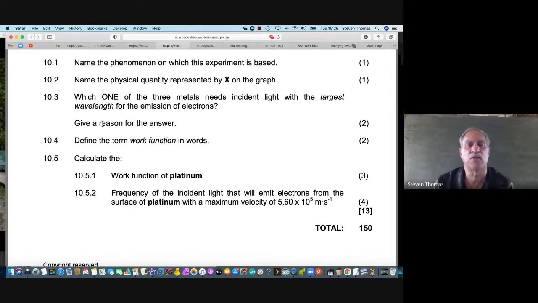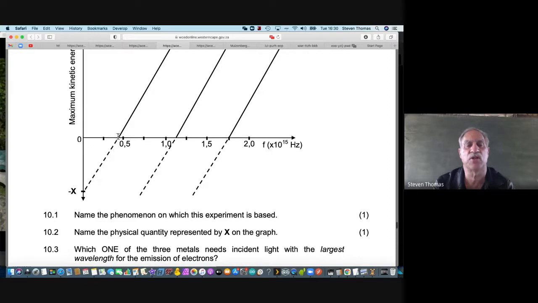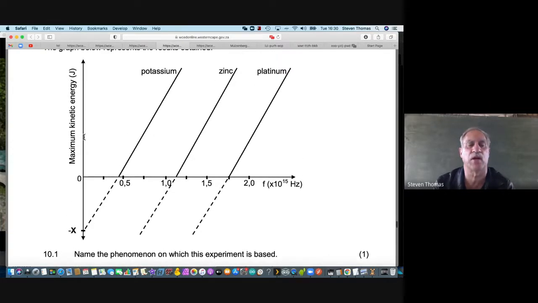Give a reason for your answer. Well, you can see that for the minimum, when the kinetic energy is 0, this frequency represents the threshold frequency, and the threshold frequency for potassium is lower than the threshold frequency for zinc, and platinum has the highest threshold frequency.